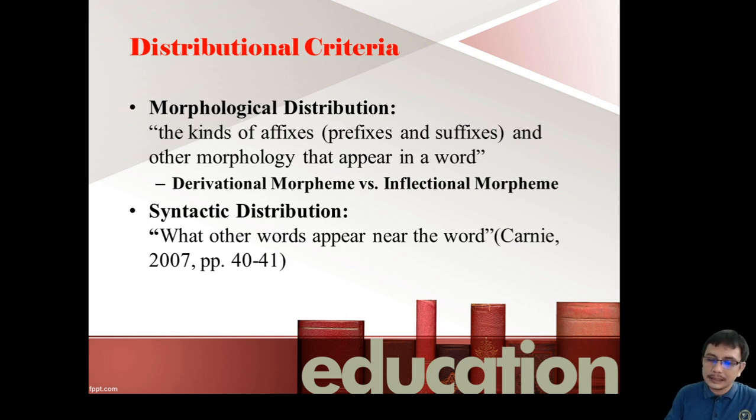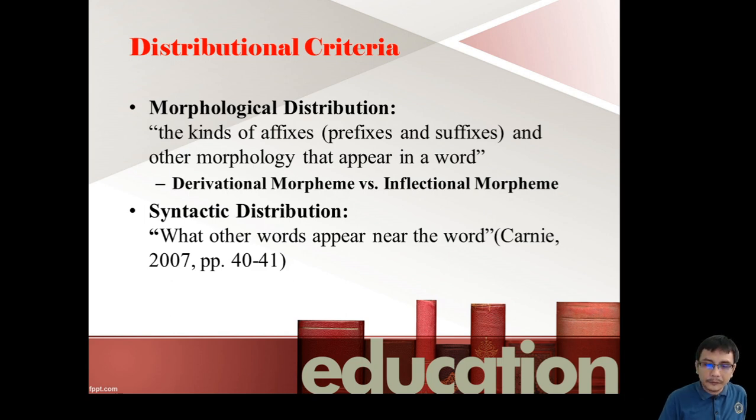There are affixes, that is prefix or suffix, and other morphology that appear in a word that can be used to indicate the part of speech of a word. In morphology, you have talked a lot about derivation and inflection, and it can be used to indicate the kind of part of speech that a word belongs to.